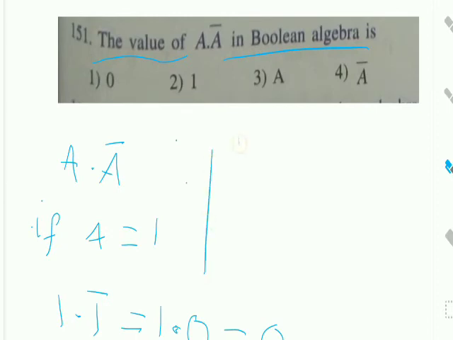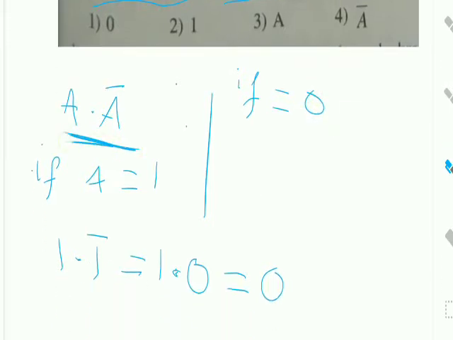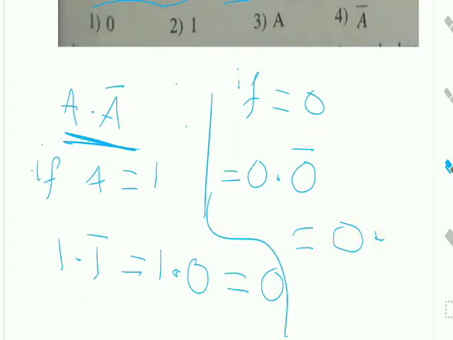If A is equal to 0, from this Boolean equation, 0 OR 0 complement, 0 OR 1 is equal to 1.